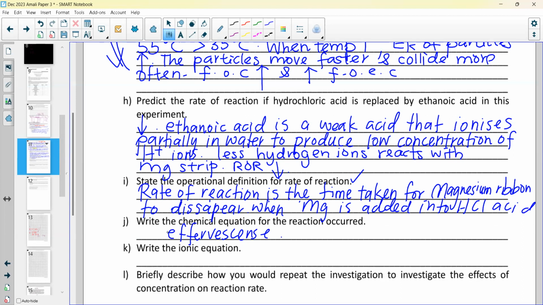Follow? So why would I like this? Because I relate it with the observations. Time taken for the magnesium to disappear from sight, or to dissolve completely. Now, next one. I think this one we covered already.